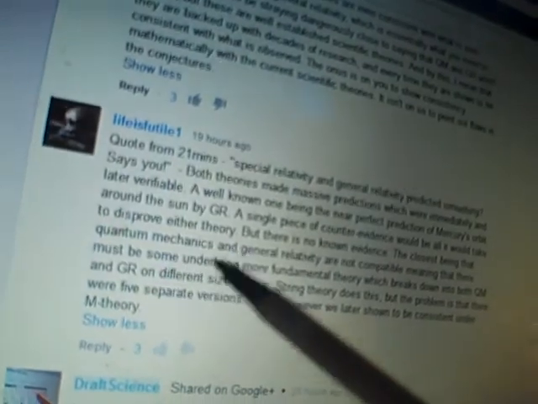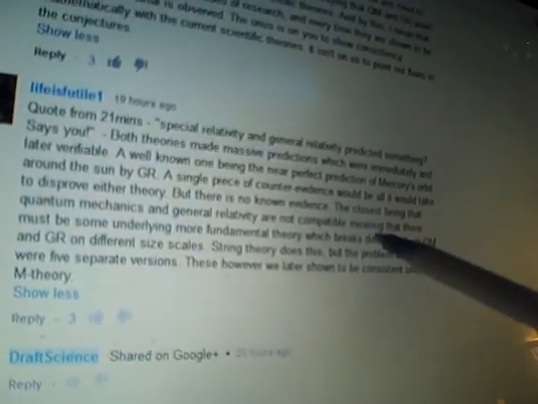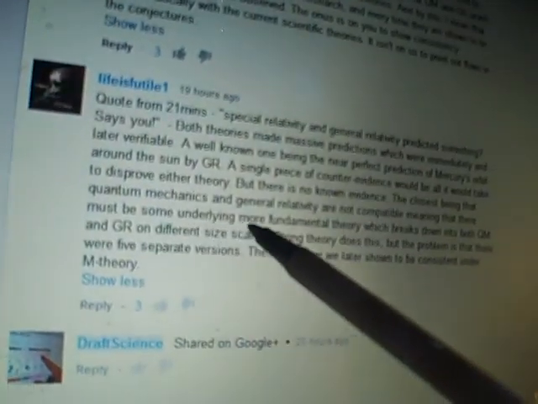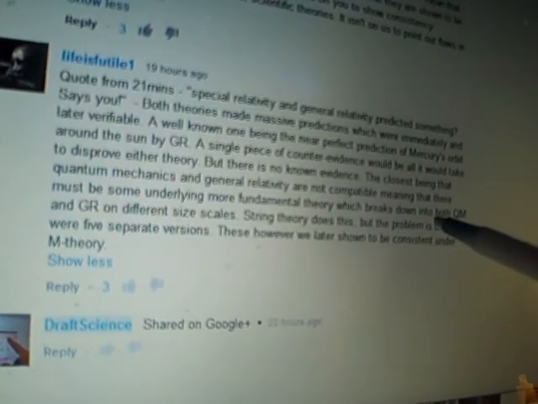But there is no known evidence. Well, I don't even know what that means entirely. There's no known evidence. Like I said, why would somebody dispute things that are worth including? It's again the interpretation of the cause that I'm arguing with. The closest being that quantum mechanics and general relativity are not compatible, meaning that there must be some underlying more fundamental theory which breaks down into both QM. Well, quantum mechanics, it isn't a coherent statement.